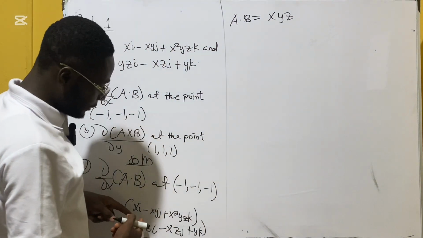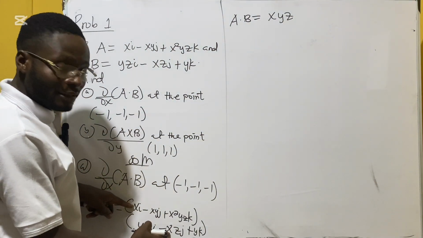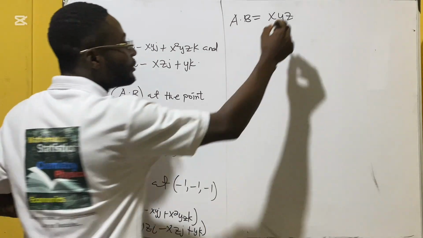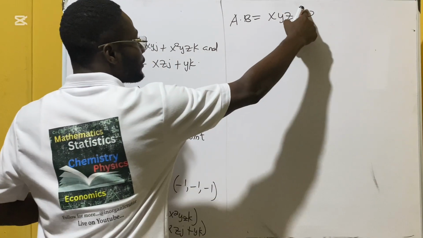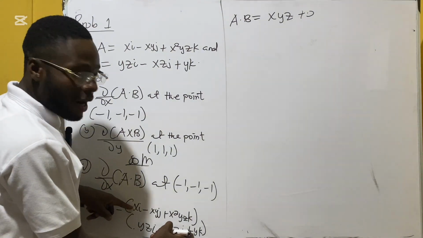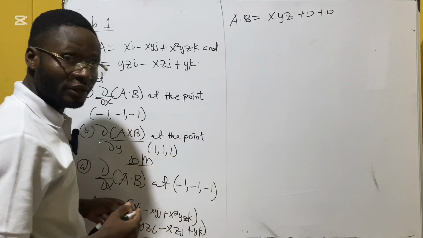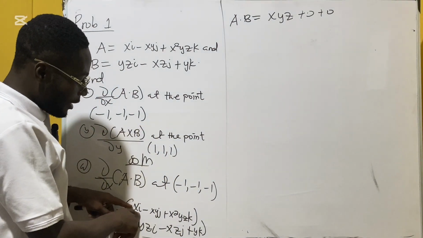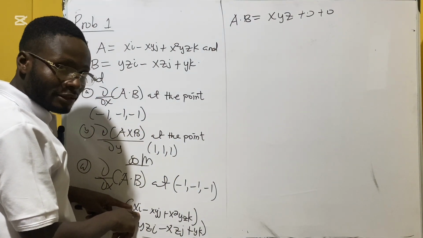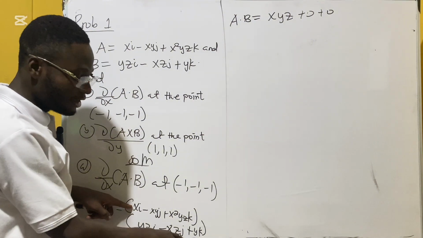And xi times negative xzj becomes 0. xi times yk becomes 0. The reason why it's 0 is you are multiplying that with a perpendicular unit vector, i and j.